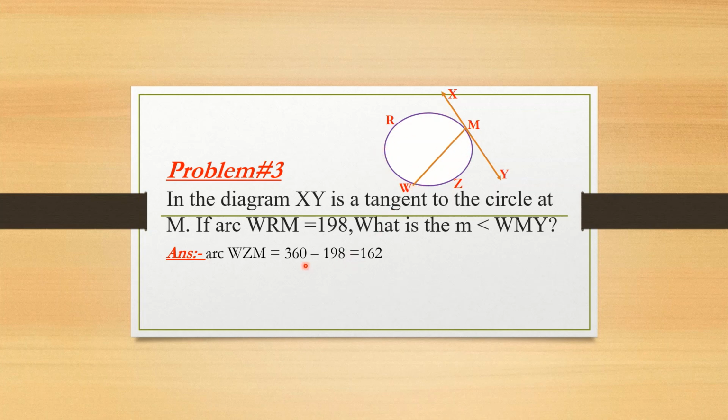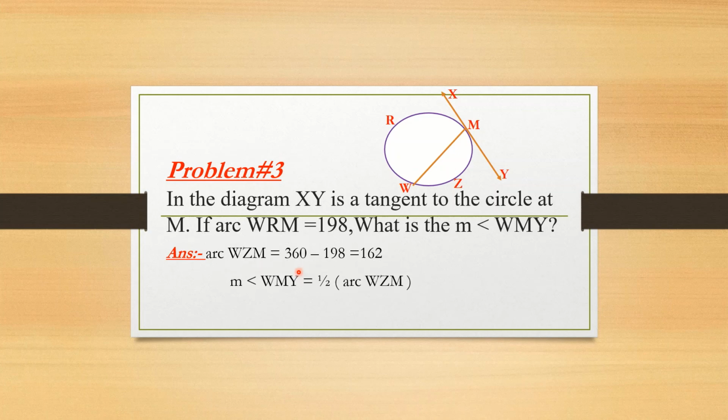So we need to subtract 198 from 360, which is 162. This arc is 162 and this arc is 198. The sum of 198 and 162 will give you 360.